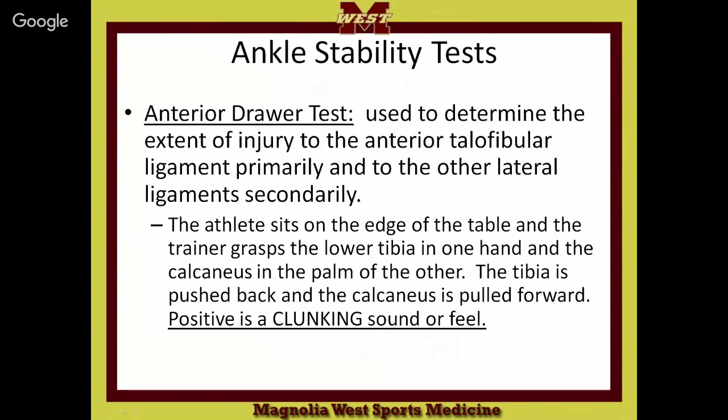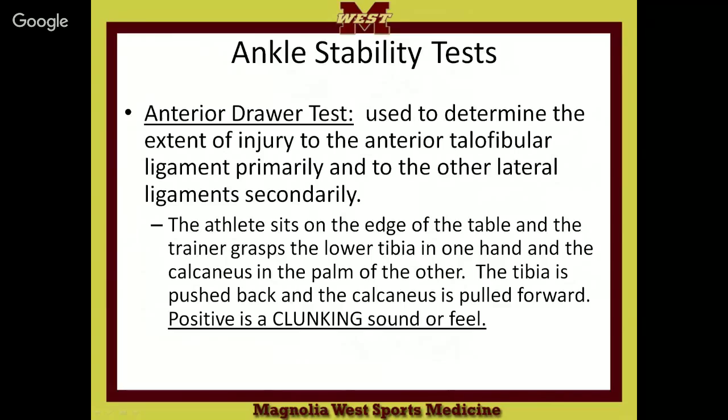Anterior drawer. Anterior is, again, what direction? To the front, right? You're going to use this test to determine the extent of injury to the anterior talofibular ligament, primarily. But you may also have a positive test if there's damage to the other ligaments on the lateral side.